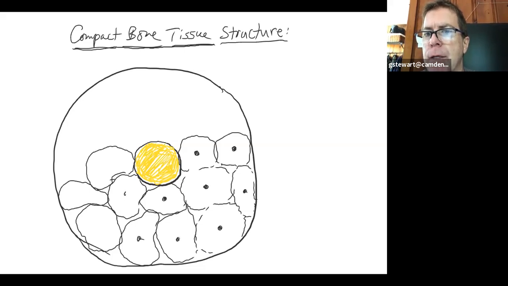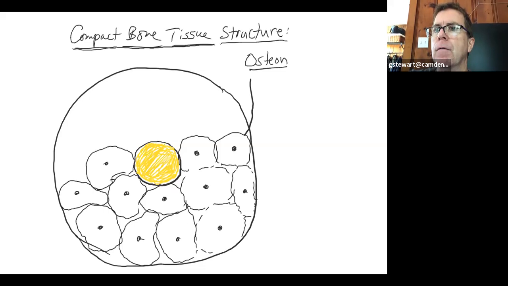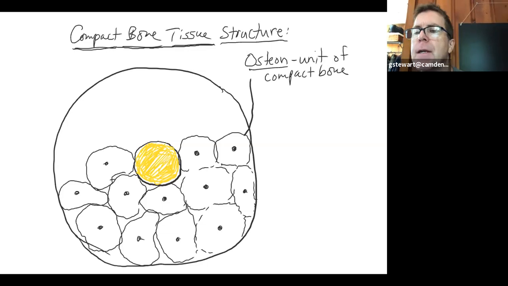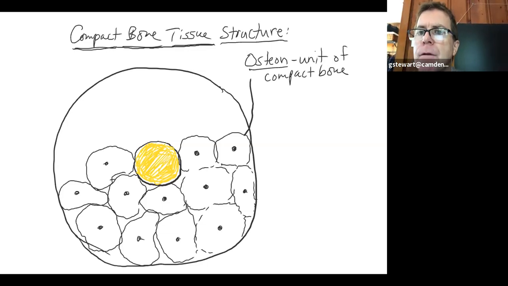Each of these rings is one unit of compact bone growth, and it's called an osteon. Now within an osteon, this hole in the center that runs parallel to the medullary cavity is called a central canal, also known as a haversian canal.